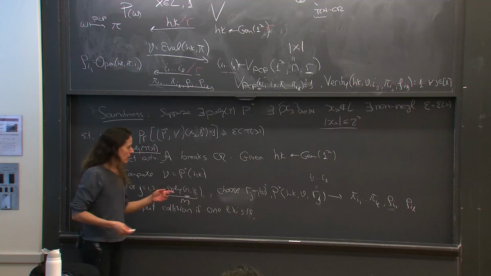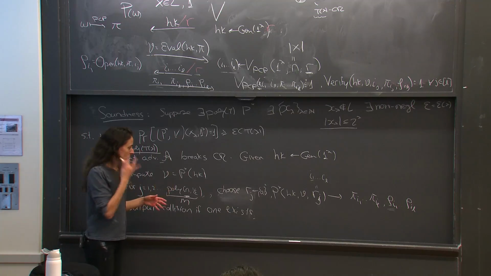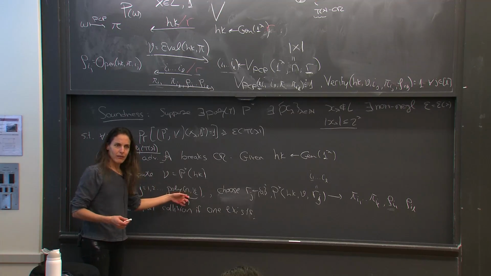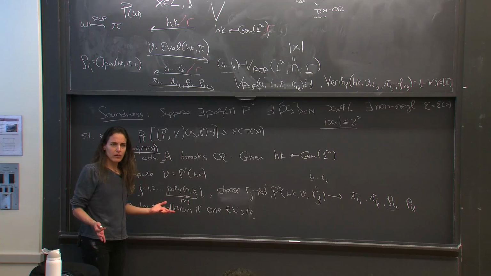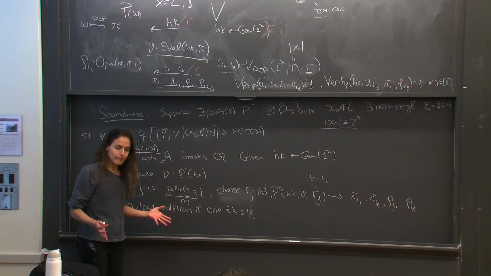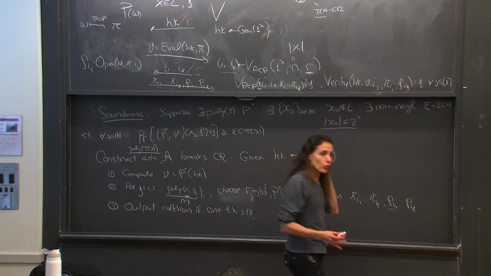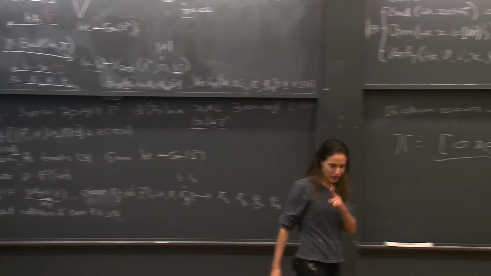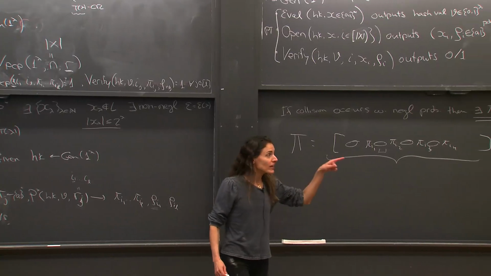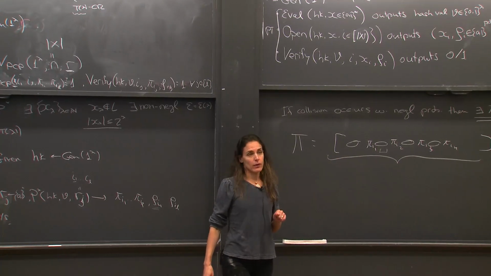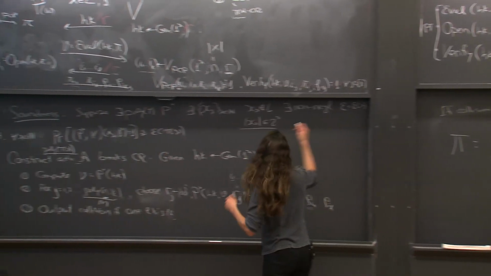But this N can be bigger than T of lambda. So this definition is good, and this is a good proof, only if T of lambda is bigger than N.